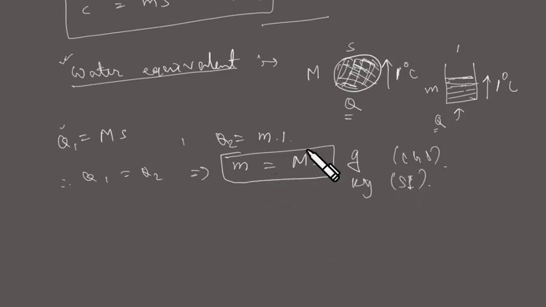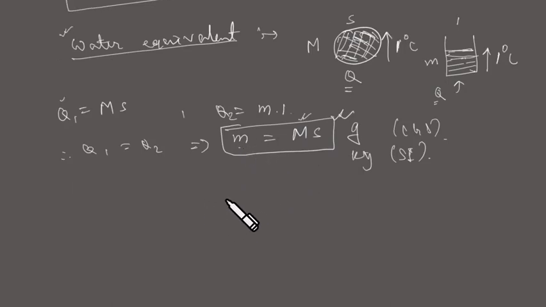So that's the equation for the water equivalent of a body. Here, M is the mass of the body, not of the water, mind it, and small m is the mass of the water. It is actually given as MS by 4.2 into 10 to the power 3 kg.